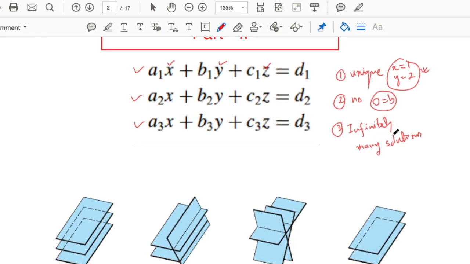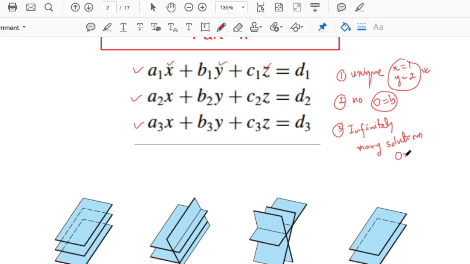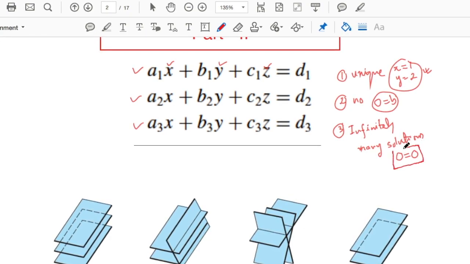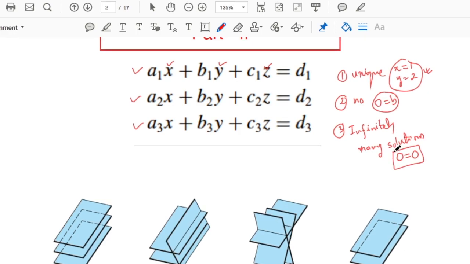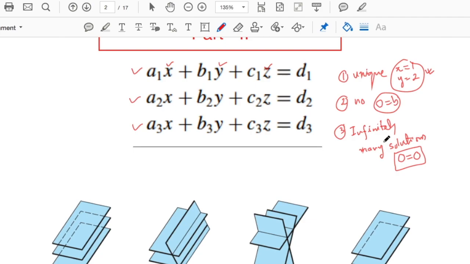And for the infinitely many solutions case, during elimination, one equation will convert to 0 equal to 0, which means the number of variables will be bigger than the number of equations, because one equation, or two equations, can be eliminated from the system.